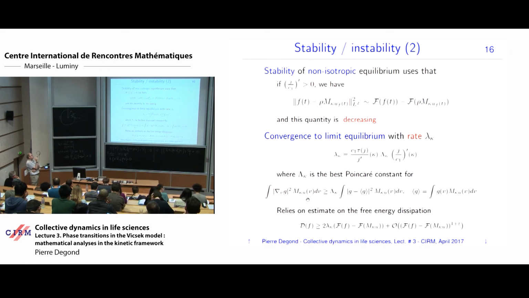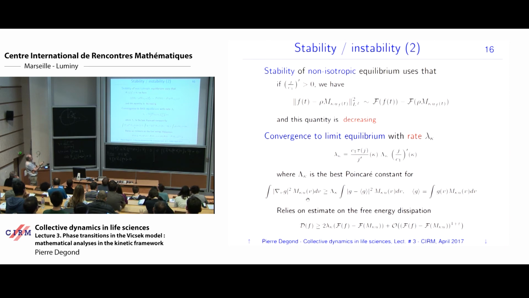For the stability, you do two things. The first thing is that you perturb your von Mises equilibrium, and you get a solution f of t, and you construct a local von Mises equilibrium with an orientation which is that of f. So this is varying in time, like f. And you can see that the distance between f and its local von Mises equilibrium in L2 is estimated by the differences in free energy, and that quantity is decreasing.